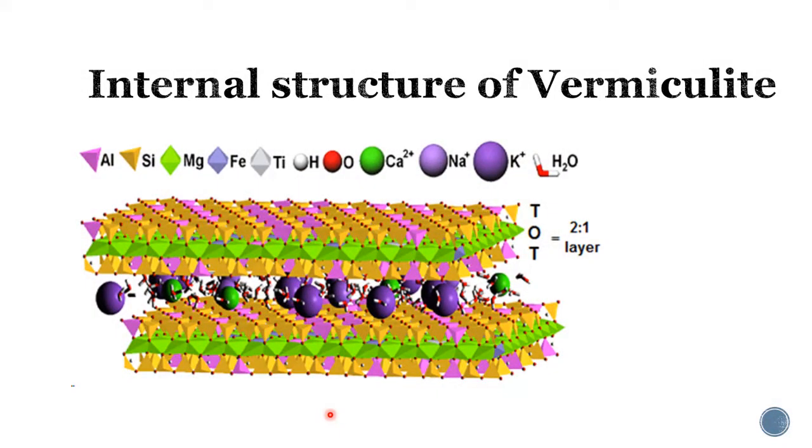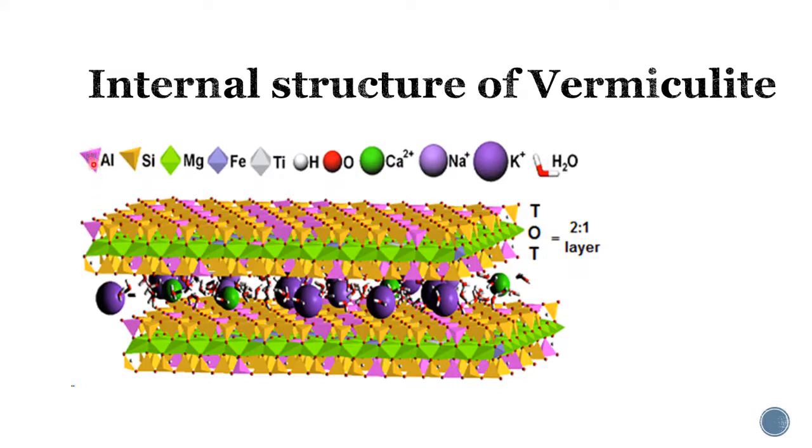Now this is the internal structure of vermiculite in particular, but I have chosen it for you to understand in general the structure of phyllosilicates. Now here, this is the index.